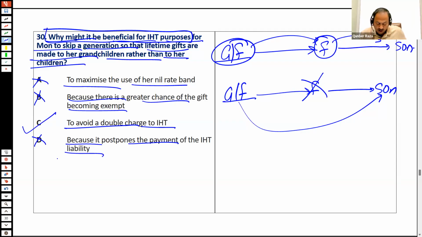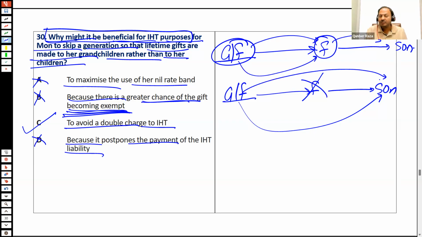Let me repeat it, Dua. Option B says there is a greater chance of gift becoming exempt. Just imagine, grandfather transfers to father, or grandfather transfers to son, grandson. Does it make any difference from lifetime transfer taxability perspective to whom it is transferred?